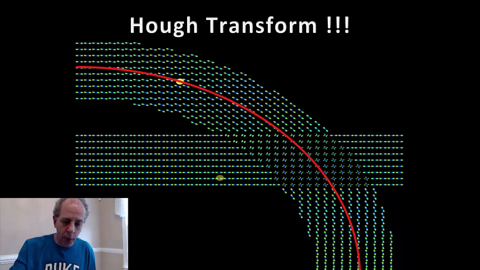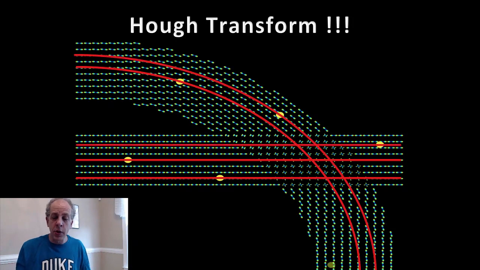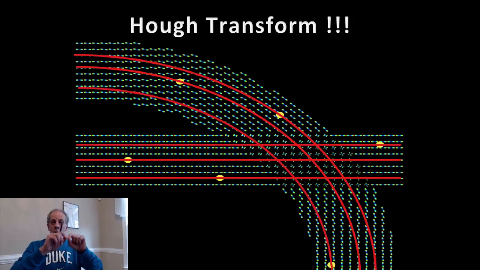Then you pick another point and you do the same. You pick another point and you do the same. And in that way, you get these tracks. From every point, basically, you get this probability of having these cables and connections.